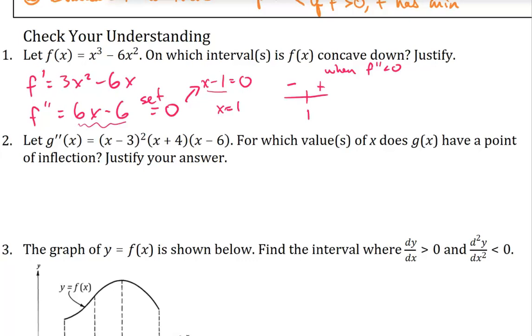All right, so where are we concave down? We are concave down when x is less than 1. So f is concave down on negative infinity to 1, open interval here. Okay, we always want open for concavity. And our reason is because f double prime is less than 0.